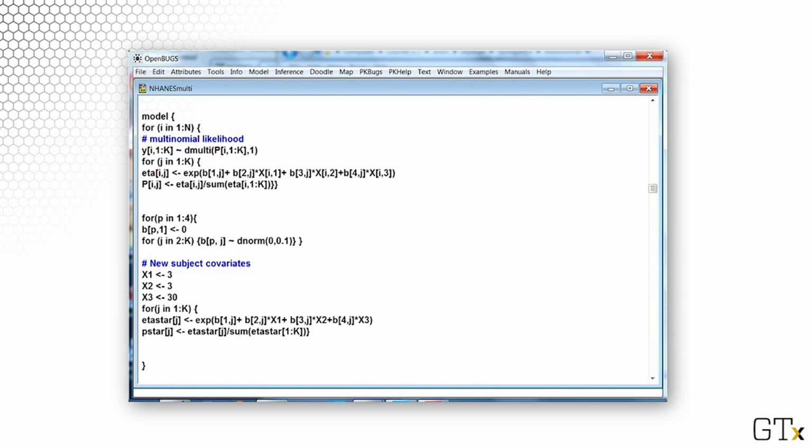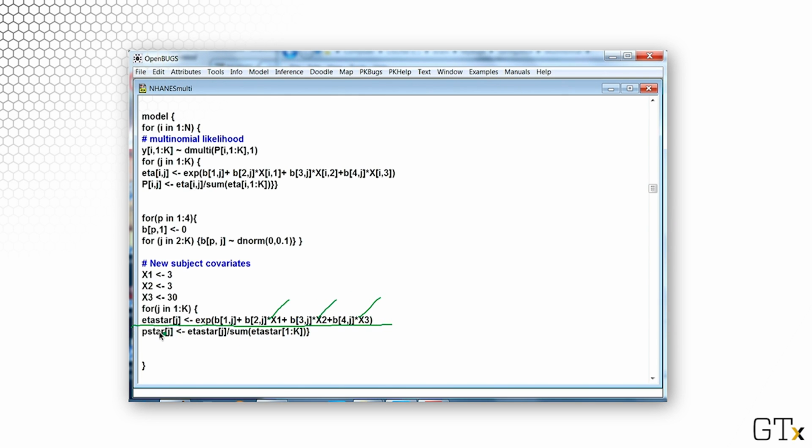So let's suppose that a new subject comes and says, hey, I have these covariates. I say covariates 3 for x1, 3 for x2, and 30 for x3. And the question is, can you predict for me the probability that I will select category 1, the probability that I will select category 2, and so on and so forth? Well, simply, you plug in the covariates for this subject into the model.